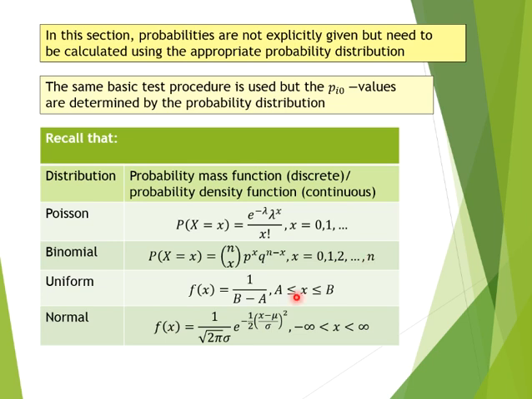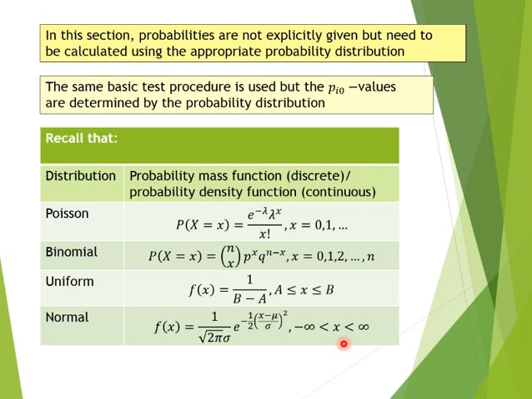And for the uniform, there's your density function, and it's defined between lower limit a and upper limit b, and the normal is dependent on mu and sigma, where x, your normal random variable, is between minus infinity and infinity.